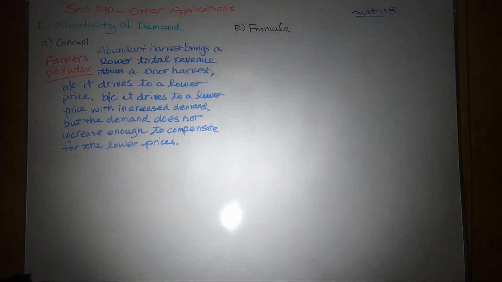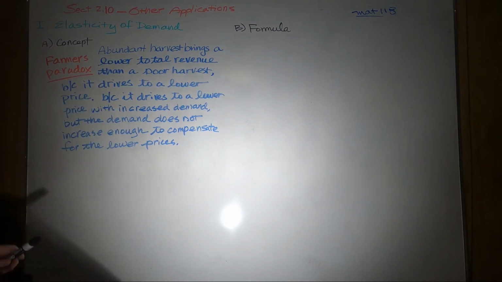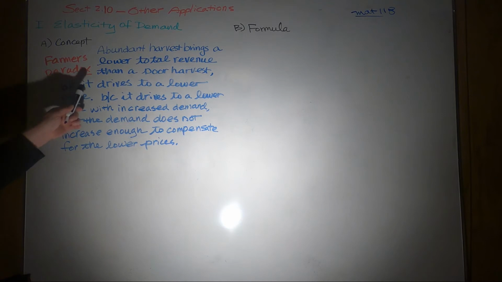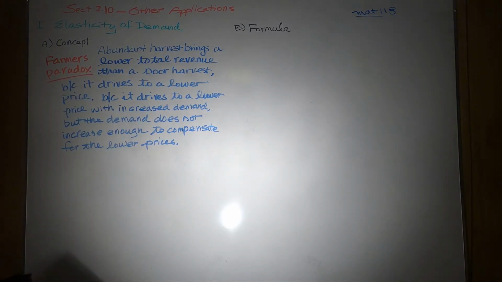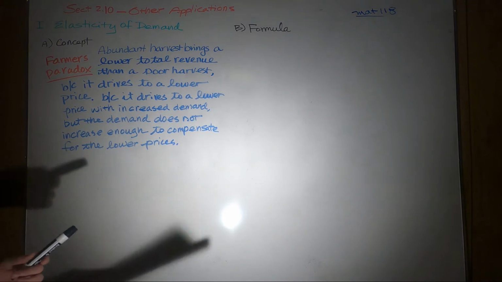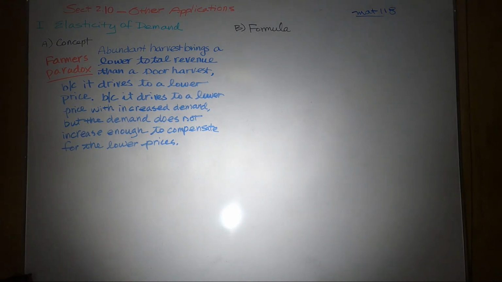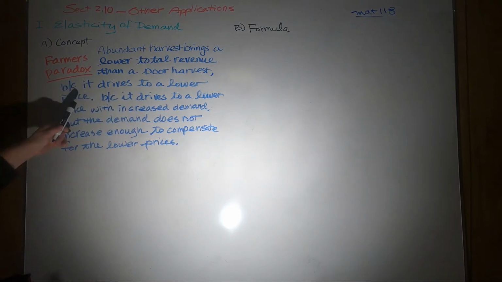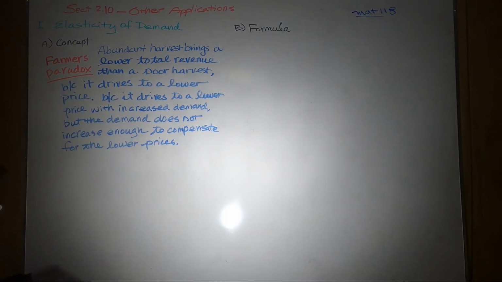So there is something called the farmer's paradox. It happens that an abundant harvest brings a lower total revenue. How come? You thought that if you have a poor harvest, then you have less revenue. However, an abundant harvest drives the price lower, with increased demand.